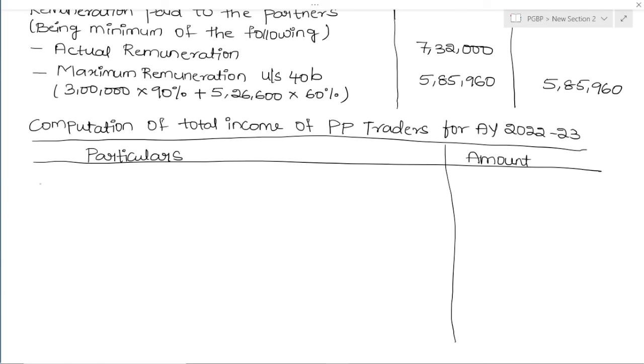So first business loss, then if something is left, unabsorbed depreciation. So that's why I will take now the book profit before unabsorbed depreciation. Deducting unabsorbed depreciation was only a mandatory requirement for computing book profit. For computing total income, first the actual expenditure should be deducted.